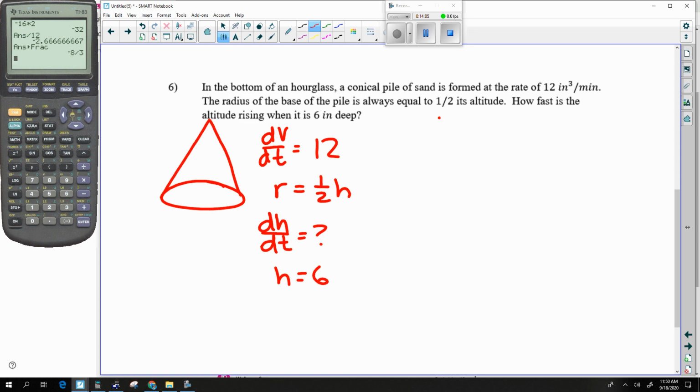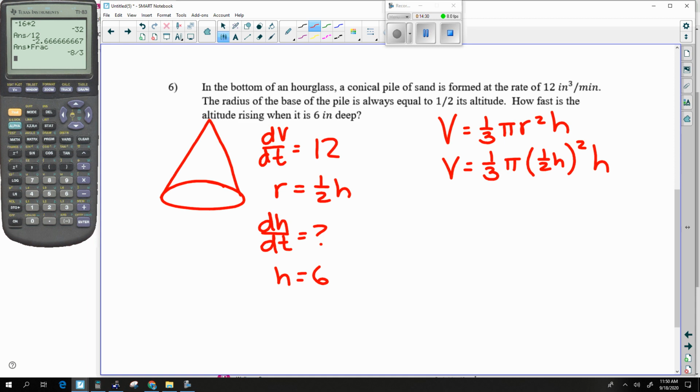So volume is equal to 1/3 pi r squared h. I want to keep all the h's and get rid of all the r's, so they kind of help us out really. Don't have to get tricky with this. r is the same thing as saying 1/2 h.